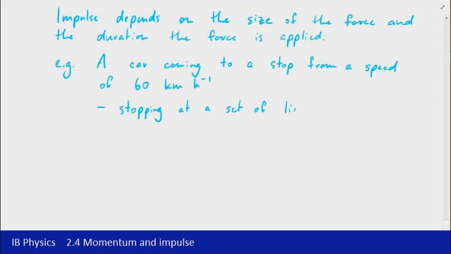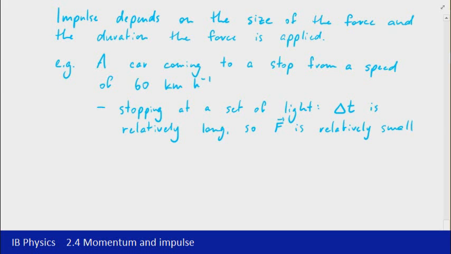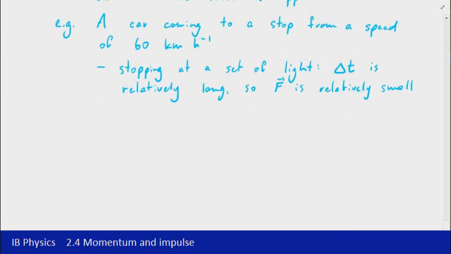In that case, delta t is relatively long, so the force is relatively small. I'm using the word relatively here just to draw comparisons between the two scenarios that we're going to look at.